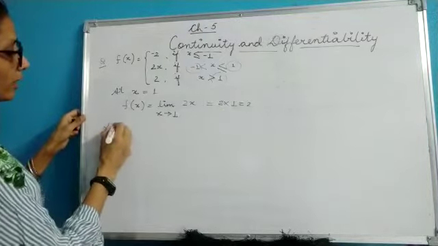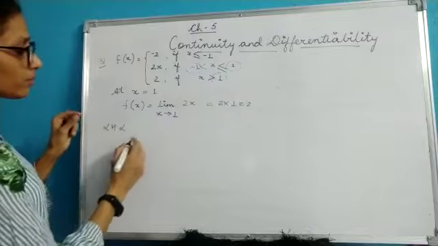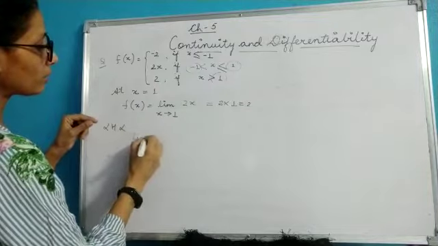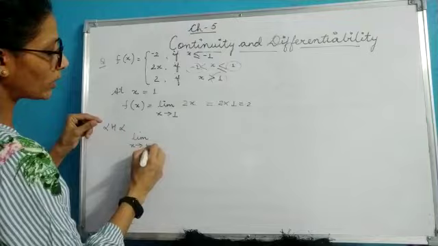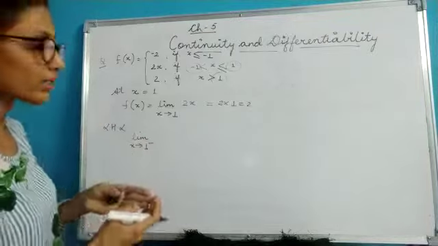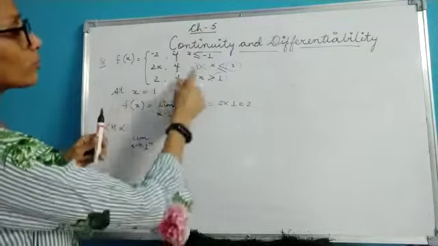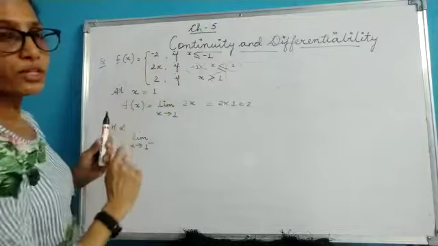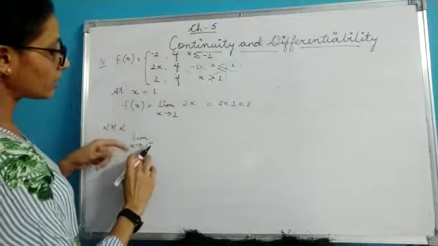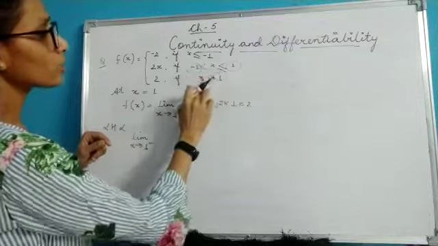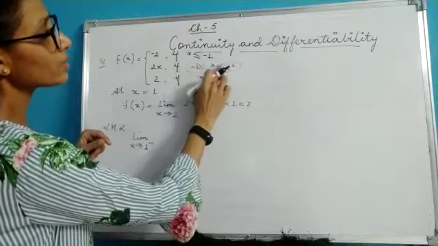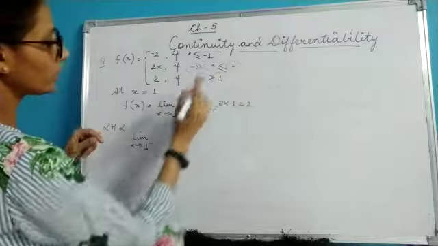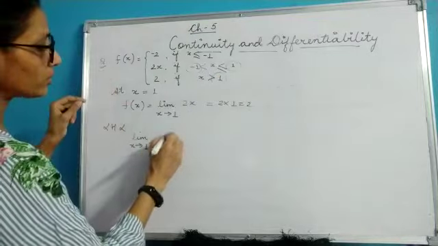Now for LHL, I will be writing my function as limit x tends to 1 minus, that means slightly less than 1. So you need to first find the function for it. So this is x less than 1, which is x less than or equal to 1. So again for this I will be taking 2x.